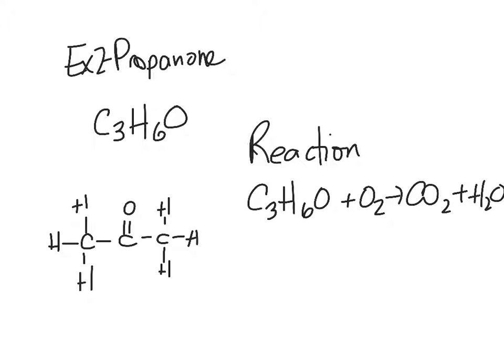So 2-propanone, there's your molecular formula and your structural diagram, and then we just need to balance this. What do we have? 6, 7, 8, 9. So we need 4 oxygens.